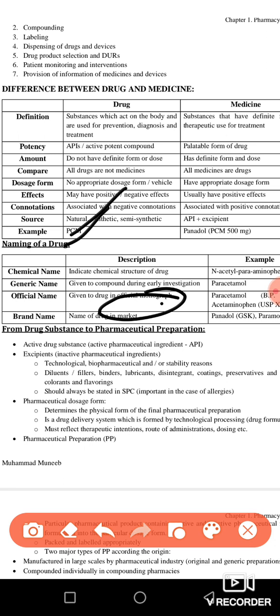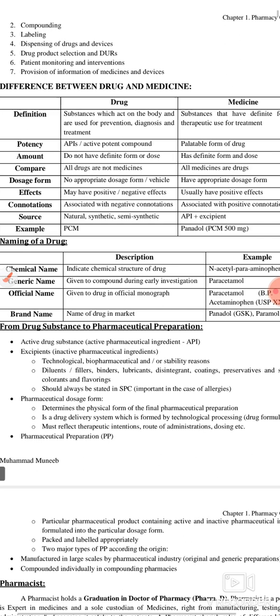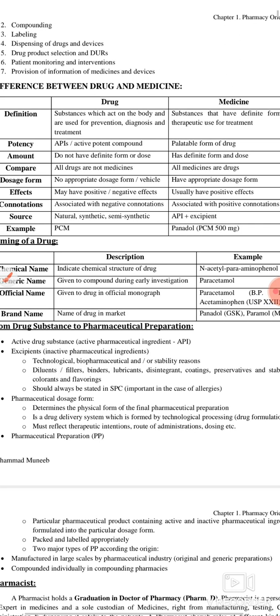Now we are discussing how drugs are given names. For example, paracetamol is acetaminophen. Acetaminophen is actually paracetamol. Then there is the brand name, because some drugs have different brand names in the market. Paracetamol is produced by a lot of companies, and every company gives paracetamol a specific name.